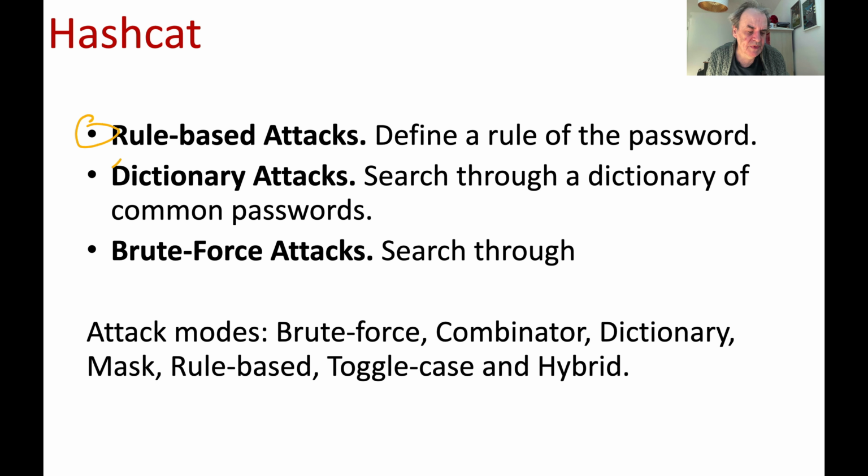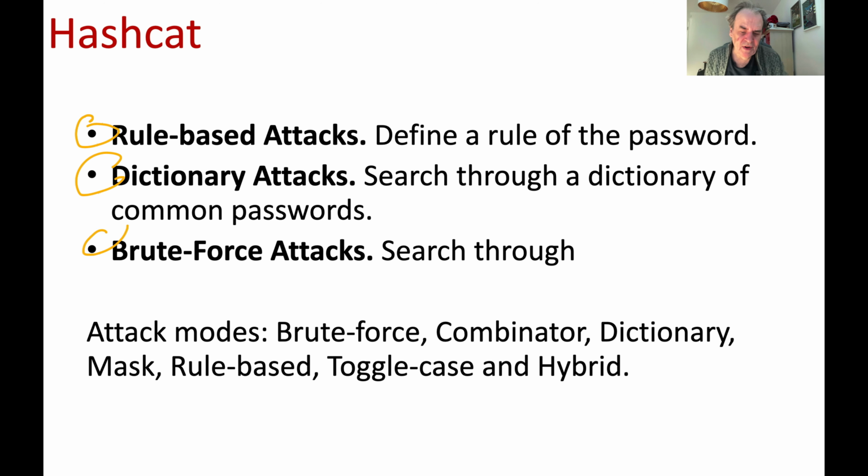The way it works is with three main methods. The fastest tends to be rule-based. There's a rule that is applied onto the password, such as bringing words together and so on. A dictionary attack goes through common words in a dictionary, one at a time, trying each one of them.